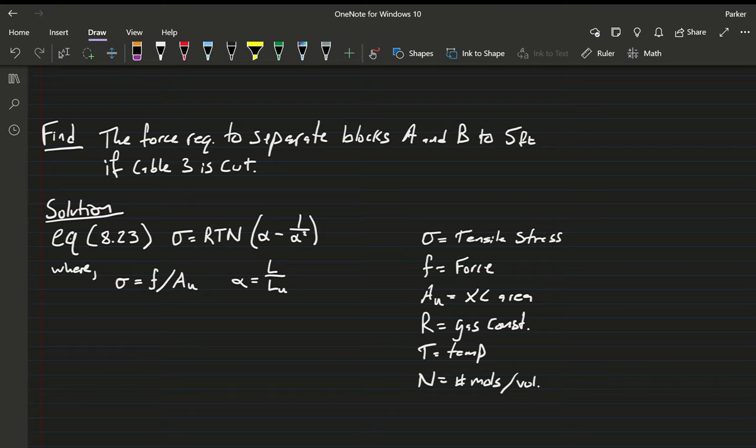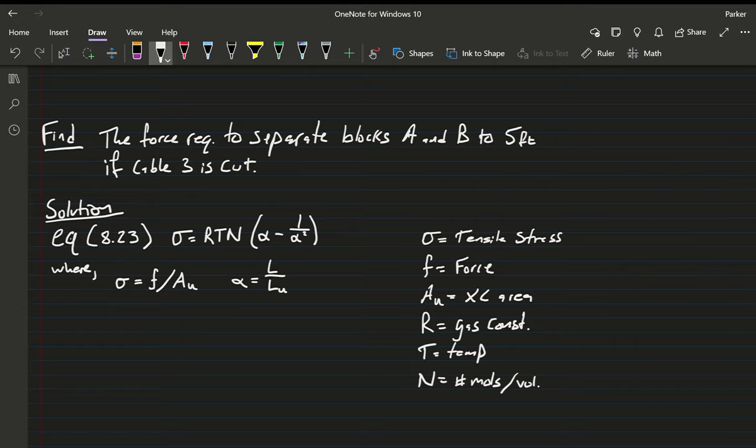Now, in the same page of the book, we know that sigma is equal to the force over the cross-sectional area when we're talking about tensile stresses, and that alpha, a couple of pages earlier, is equal to the stretched length over the unstretched length.